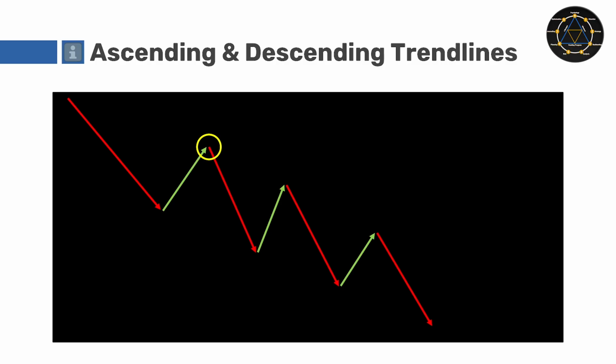Because as the market makes these corrections to the downside, well, it's kind of correcting to the upside as it's moving down, it's forming these high points, but they're lower than each other. Otherwise, again, if this was higher than this one, it would actually reverse the trend and be a bullish ABC, then we wouldn't really be looking at descending trend lines. So it's a bearish trend, these are the lower highs, and we can connect these lower highs together in a downtrend to give us a downwards descending trend line.